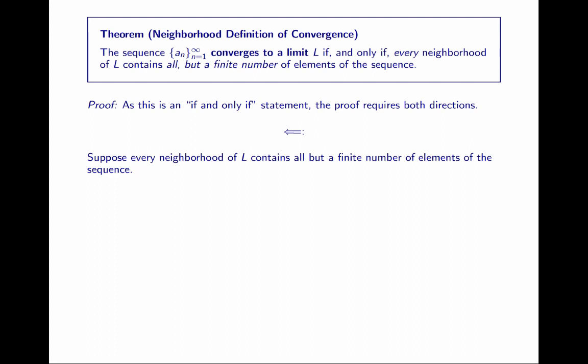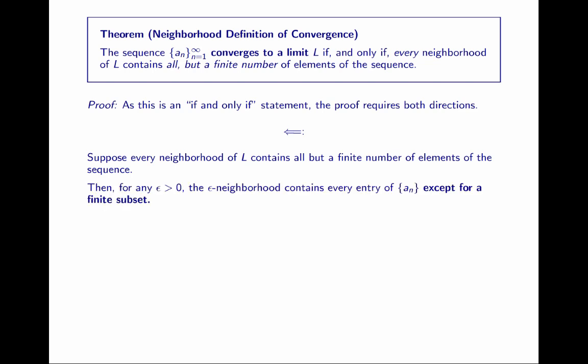Now let's show the reverse direction. Suppose every neighborhood of L contains all but a finite number of elements of the sequence. Now our goal is to show that L satisfies the original definition of sequence convergence. That if this new definition is true, then the old definition must be true.